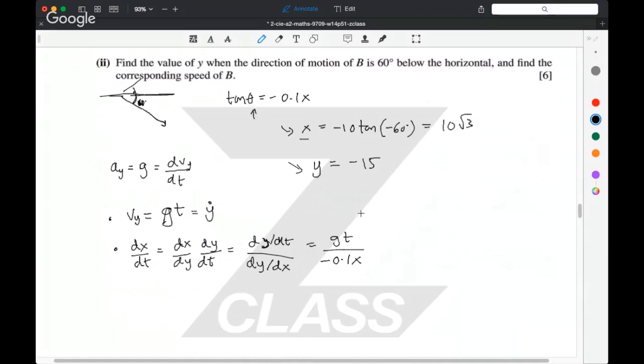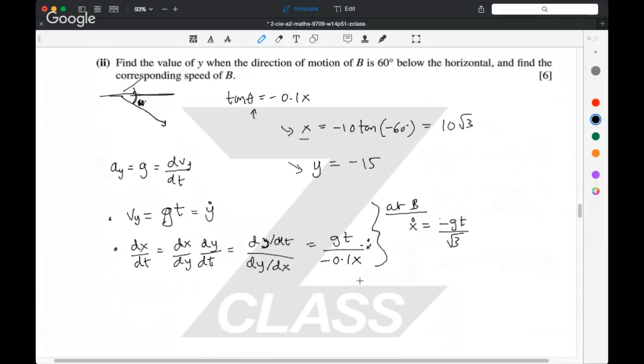So if we take these and look at part b, we have that x dot is equal to minus gt over the square root of 3 from this equation, plugging in our x.